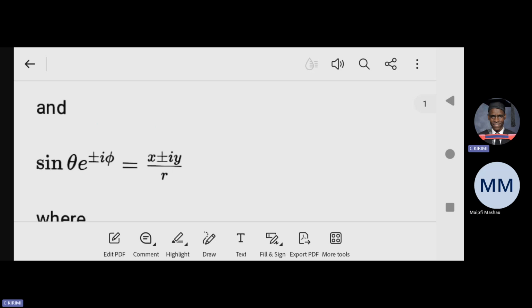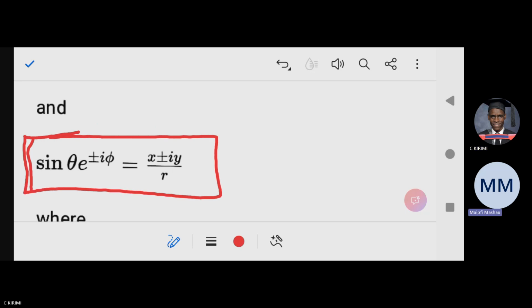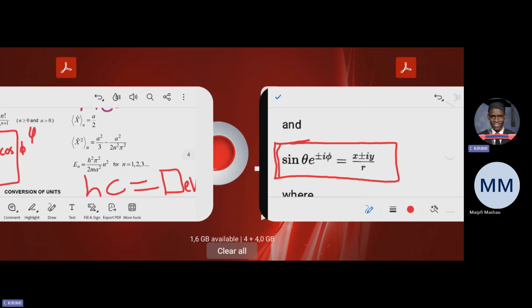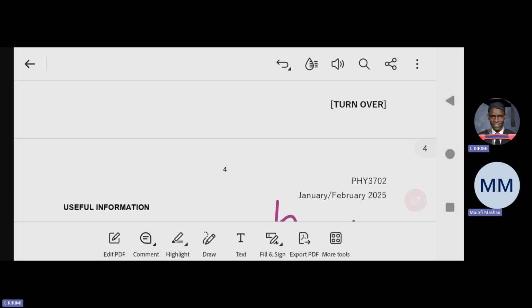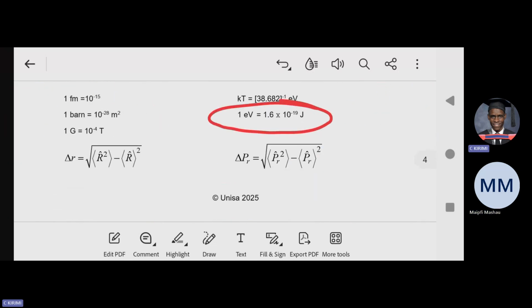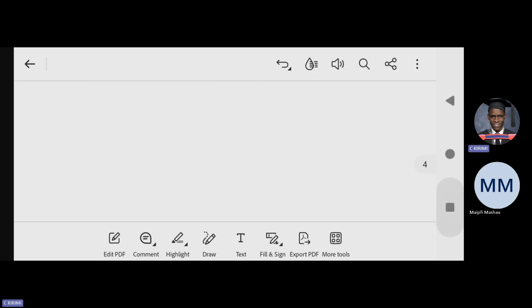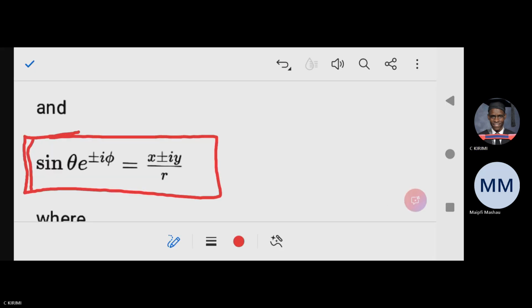So this is the identity that you must know. This one is not given in the question paper. I checked and it is not there. They expect you to know the formula for the Euler identity. However, the cylindrical coordinates were given.